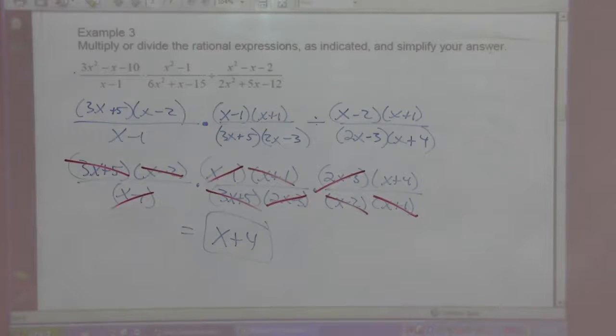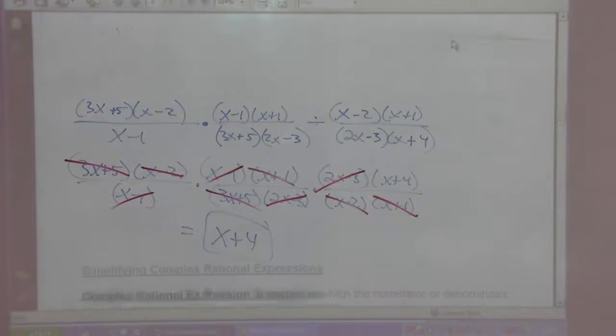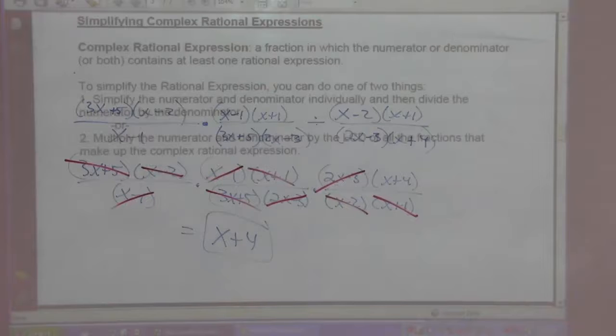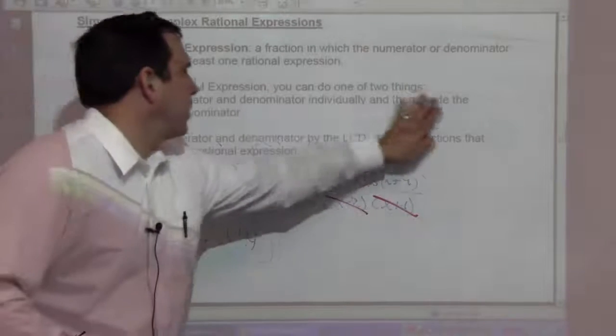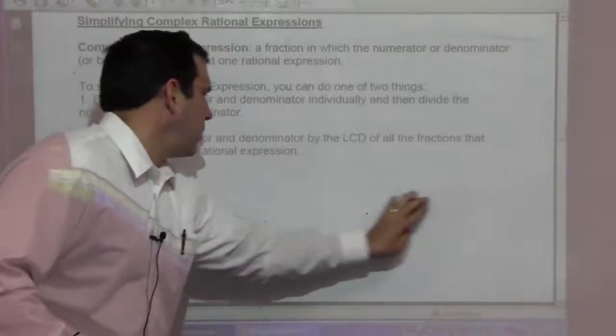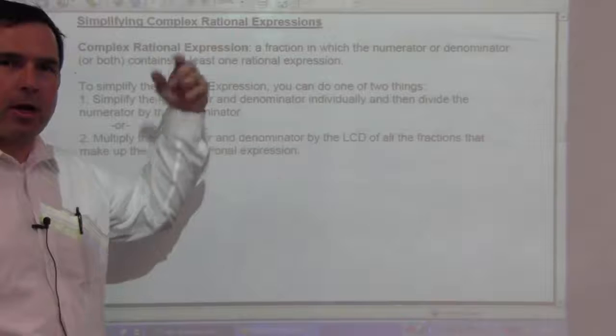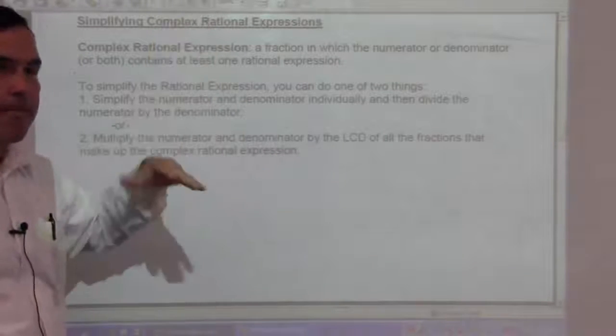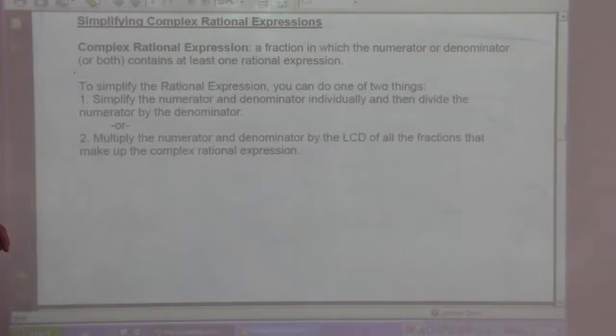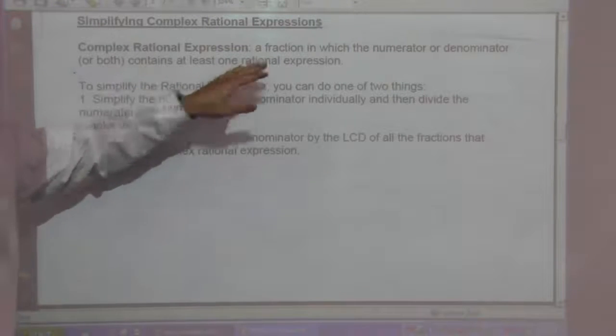I'm going to move on to simplifying complex rational expressions. Now these are complex fractions. That means a fraction in which the numerator or the denominator, or it could be both, contains a fraction. A complex rational expression is a fraction in which the numerator or denominator or both contains at least one rational expression.